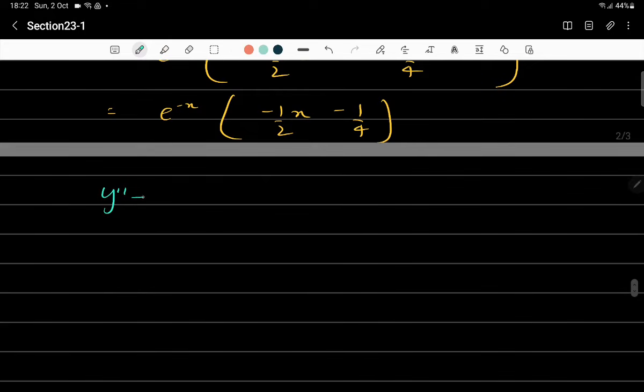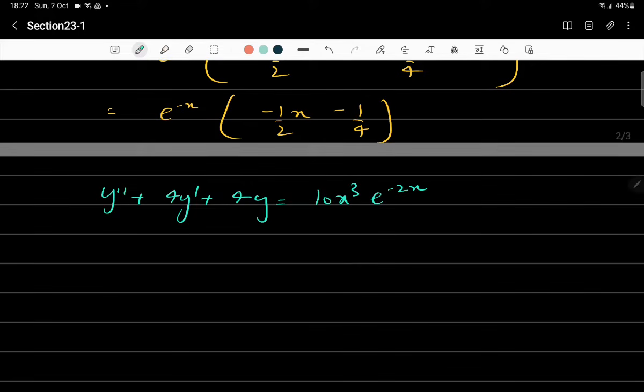So y double dash plus 4y dash plus 4y is equal to 10x cube e raised to the power minus 2x. Now you can see that it cannot be solved using the method of undetermined coefficients. The other thing is, if you use the variation of parameter, it will take a lot of time.